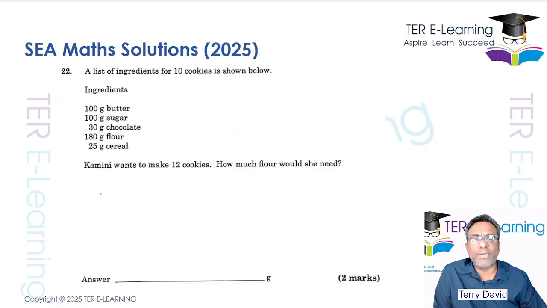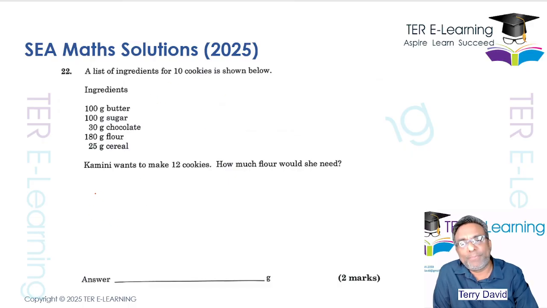The list of ingredients for 10 cookies is shown below, right? So they give us some ingredients in grams, and they said Kamini wants to make 12 cookies. How much flour does she need? So to make 10 cookies, right?